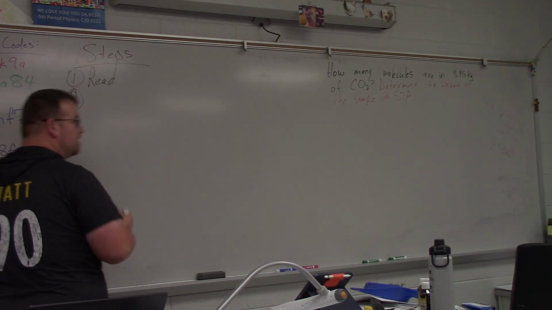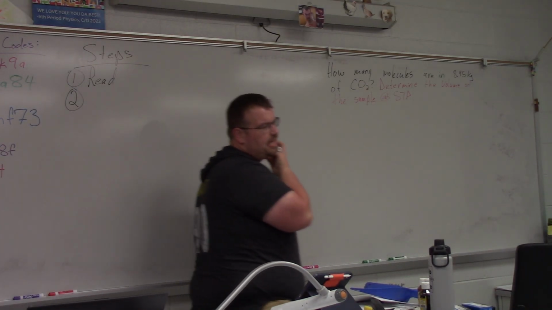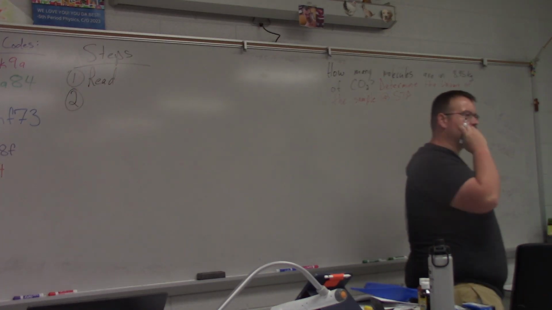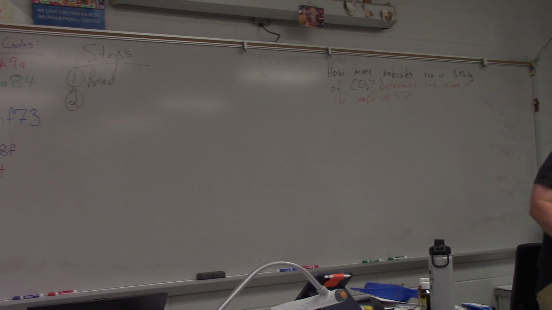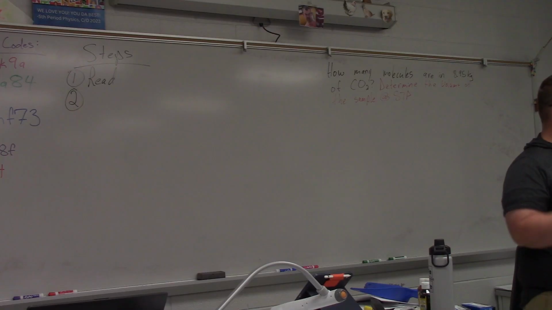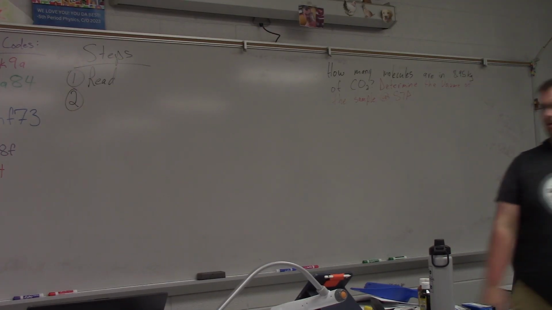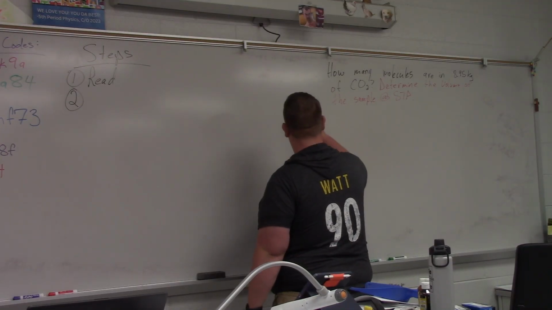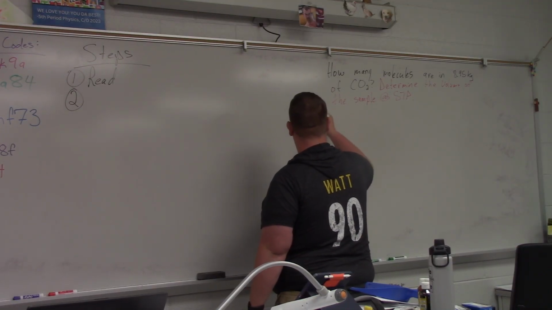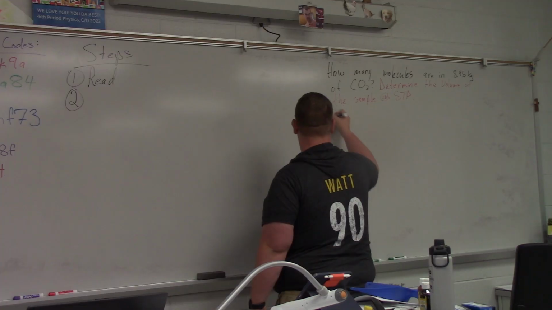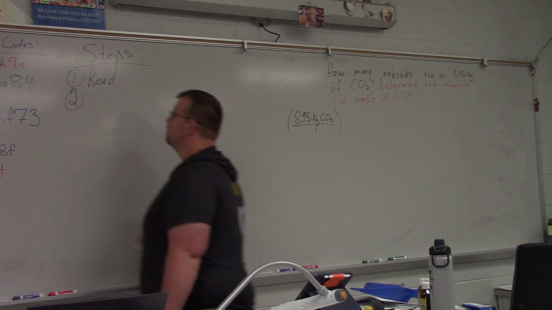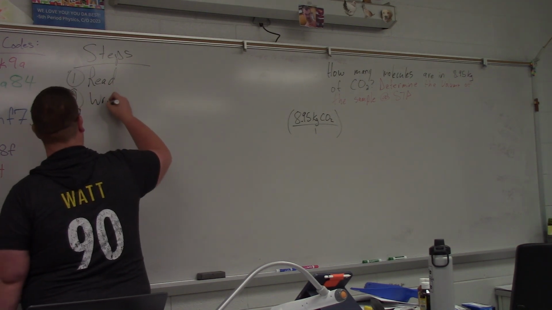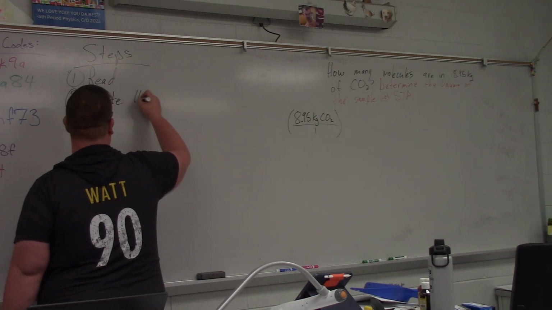I'm changing this compared to how I used to do it because I think with you guys this will be more useful. Step 2, take the number I give you and write it down. 8.95 kilograms CO2. So step 2, write number to start with.